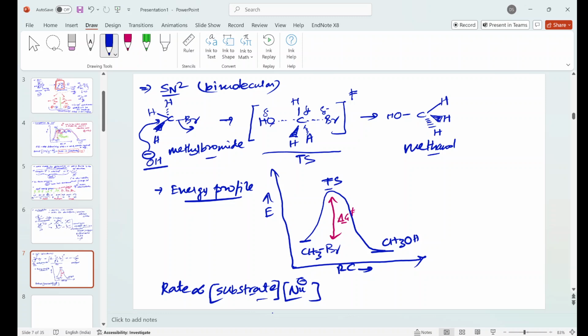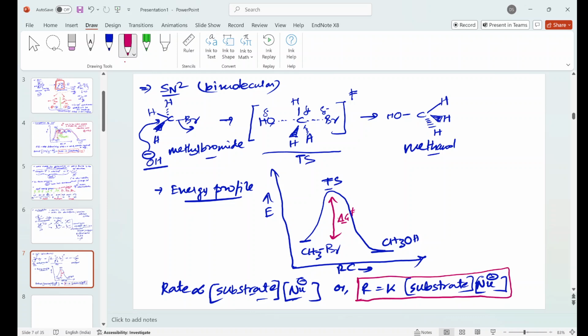Okay, this is what it looks like: some constant into substrate and the nucleophile concentration. This will be the right equation for SN2.